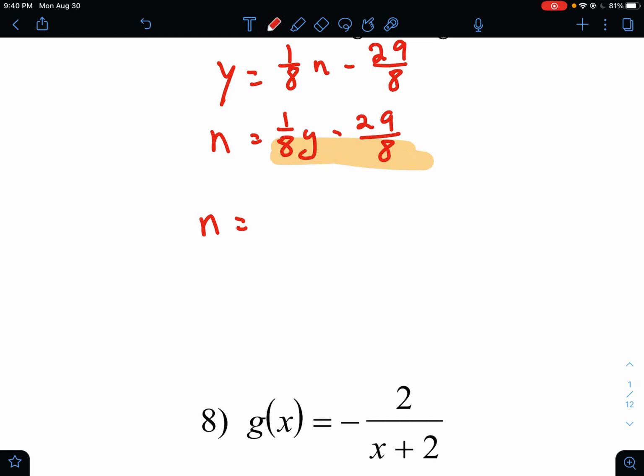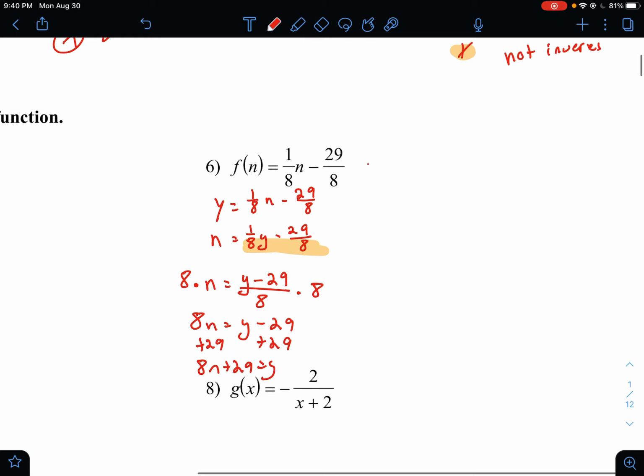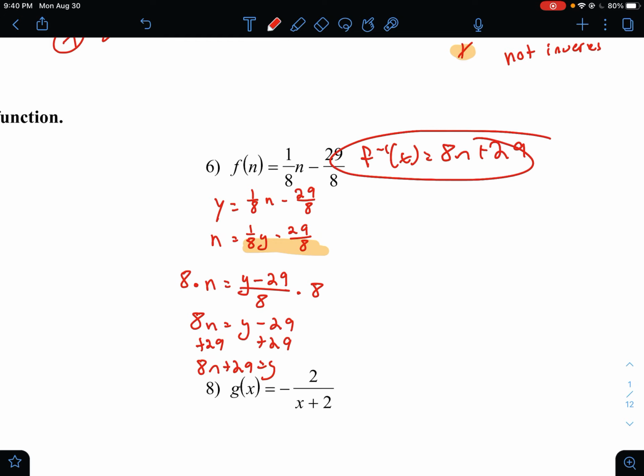I want to write them all over the same denominator. So basically I have y minus 29 all over 8. So then I'm going to multiply both sides by 8. So I get 8n equals y minus 29. Add 29, and I get 8n plus 29 equals y. So I get f inverse of x equals 8n plus 29.